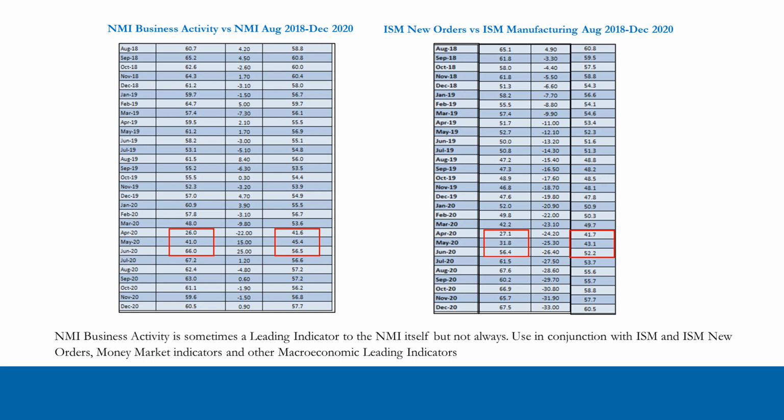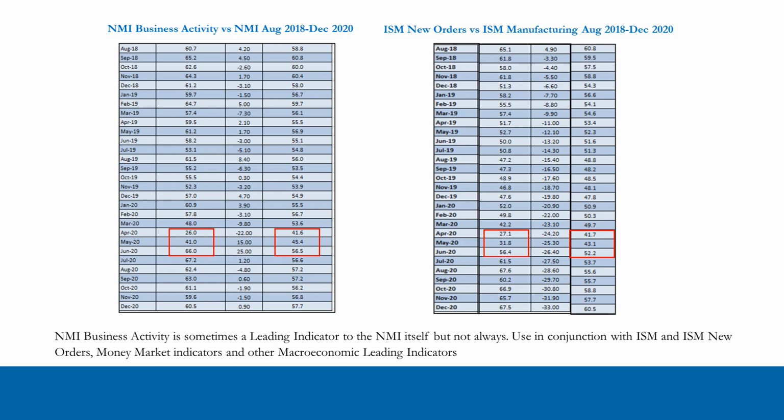So looking at these historical moments, it's just good to understand what was going on there. The NMI business activity, so business activity in the service sector, is sometimes a leading indicator to the NMI itself and even to the ISM, but not all the time.